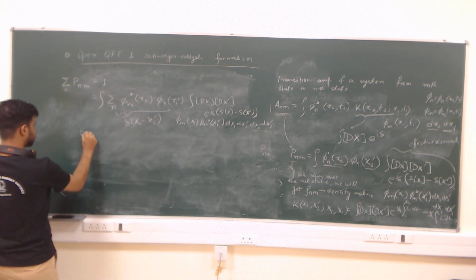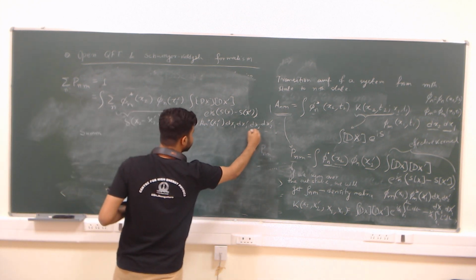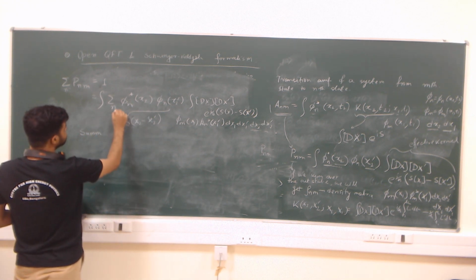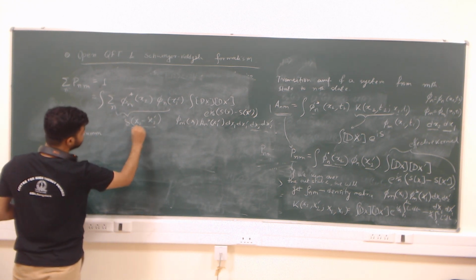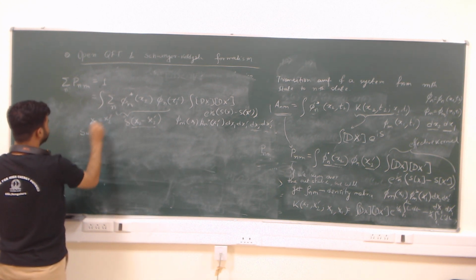So this one will have either one dx2 or the other. Basically, that means if we take this sum, we will be able to identify x2 as x2 prime.